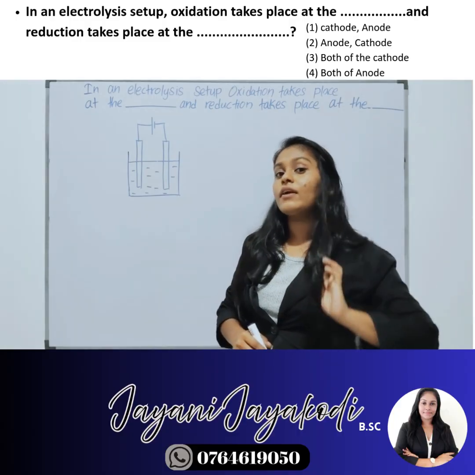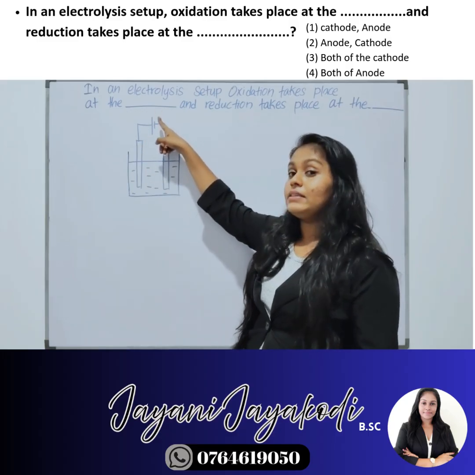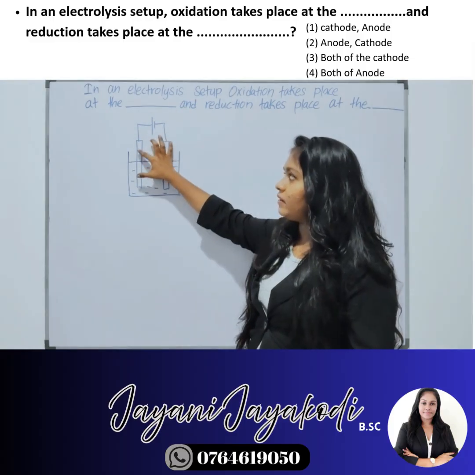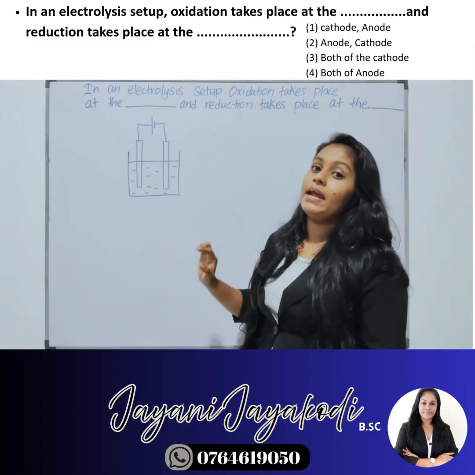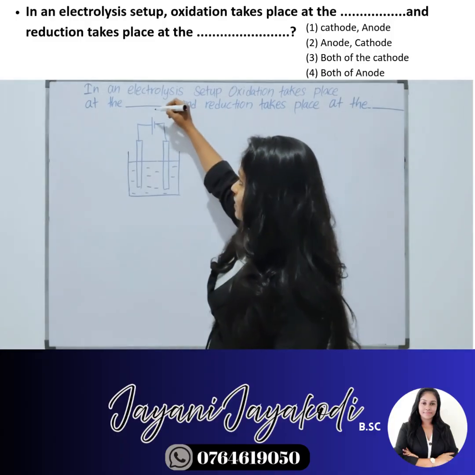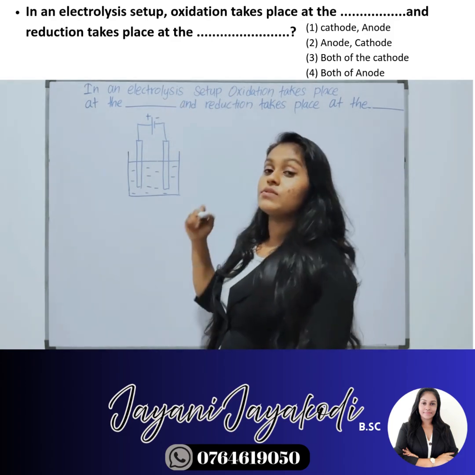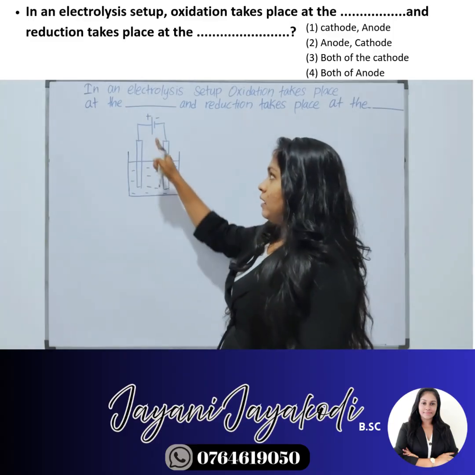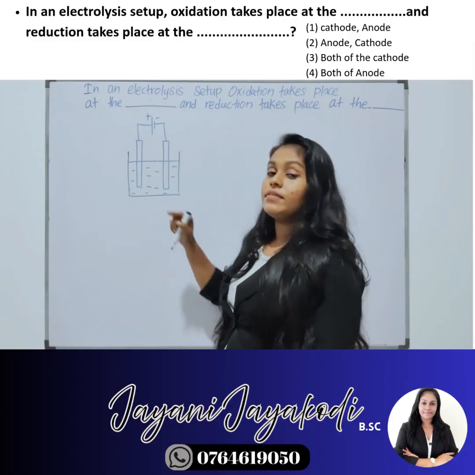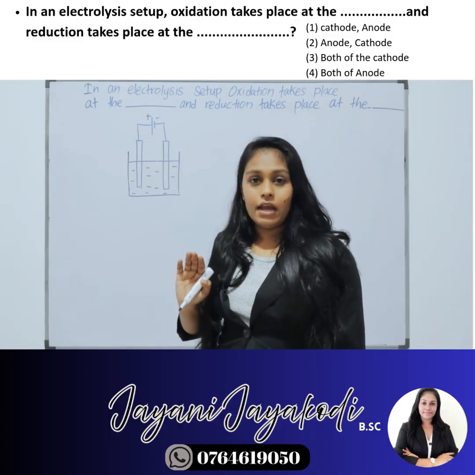There is an electric source connected with these two separate electrodes. This is the positive terminal of the battery, and this is the negative terminal of the battery. The positive terminal is connected with this rod, therefore this rod we know as the positive electrode.